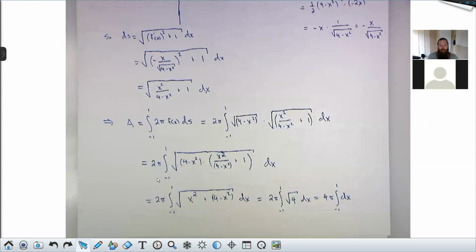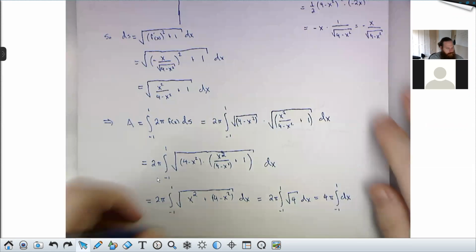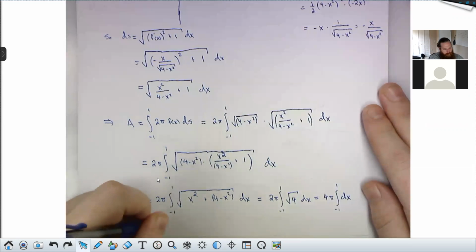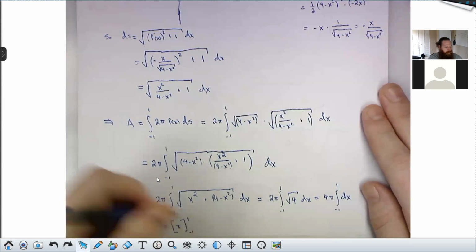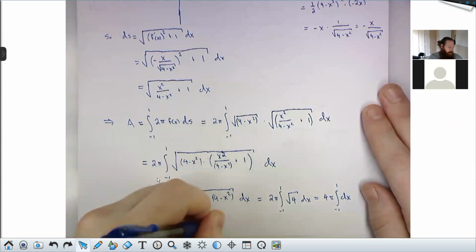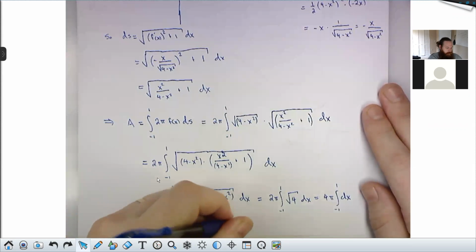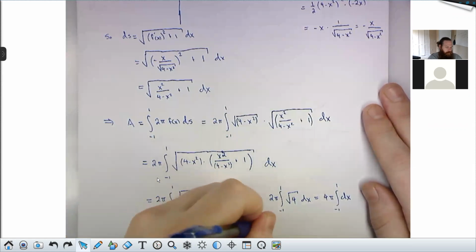And the integral from -1 to 1 of dx is just 2. Your antiderivative there is just x. We can write it out. This is 4 pi times x evaluated from -1 to 1, which is 4 pi times 1 minus -1, which is 4 pi times 2, or 8 pi.